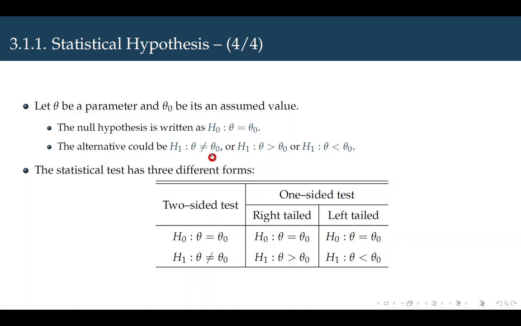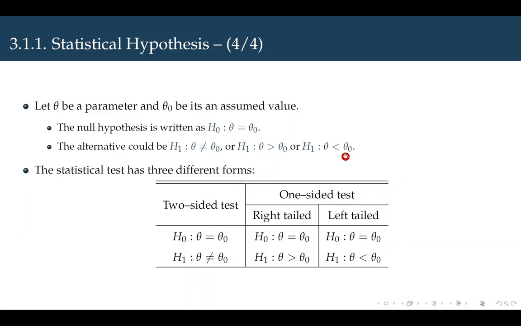This means the population parameter is different from the assumed value. Or it could be H1: theta greater than theta naught. The population parameter is greater than the assumed value. Or it could be H1: theta less than theta naught. The population parameter is less than the assumed value.